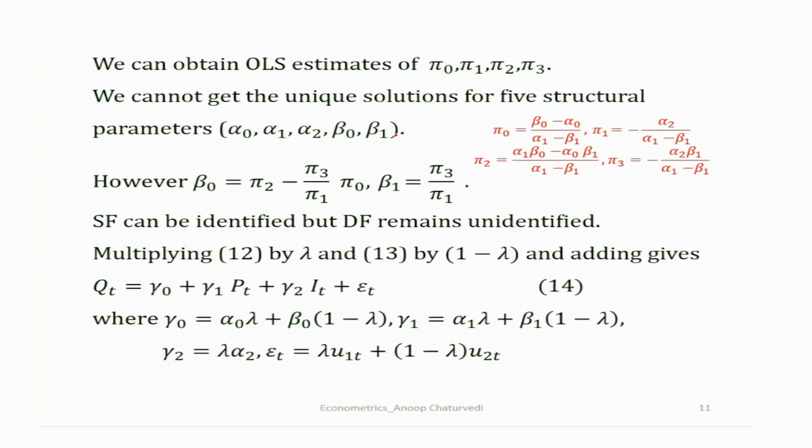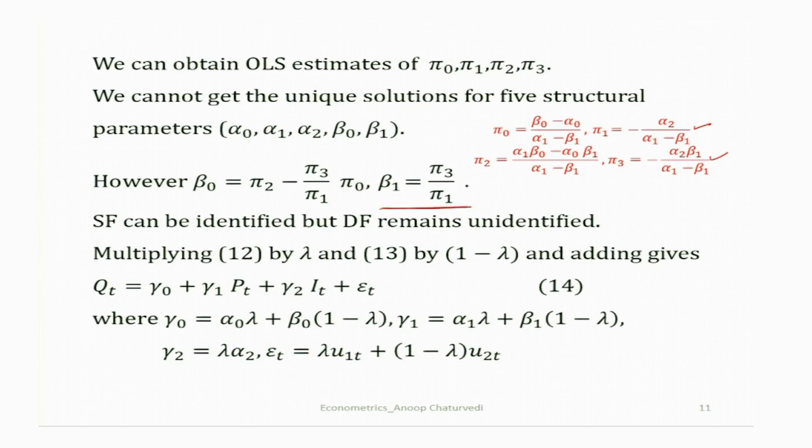Then beta 1 is equal to pi 3 upon pi 1. This you can easily verify. This is pi 3, you divide it by pi 1, you get beta 1. And then beta naught is equal to pi 2 minus (pi 3 upon pi 1) into pi naught.